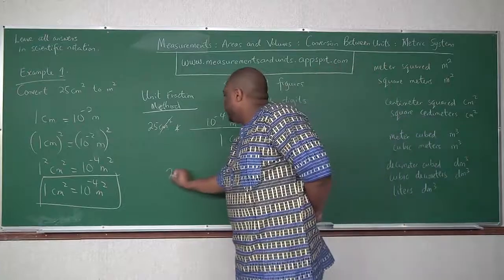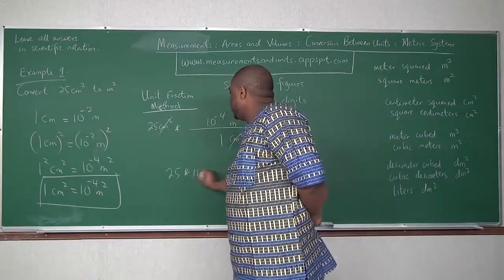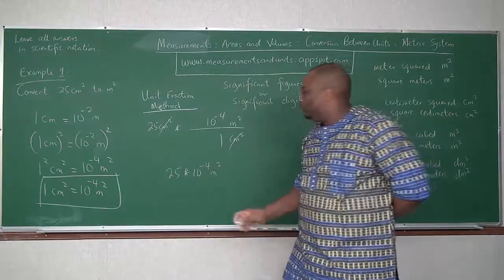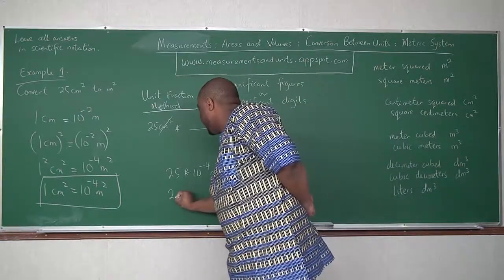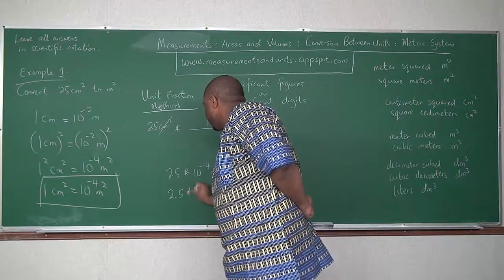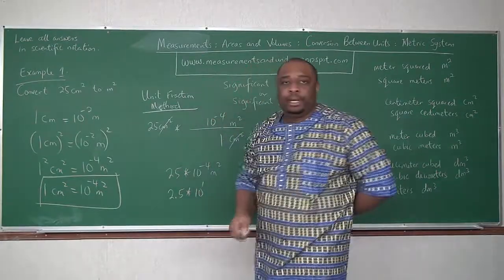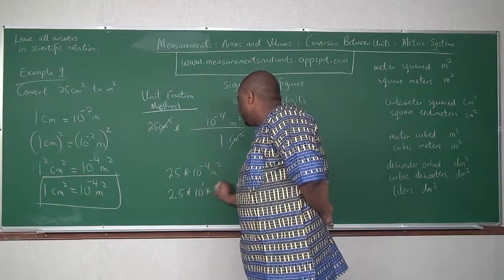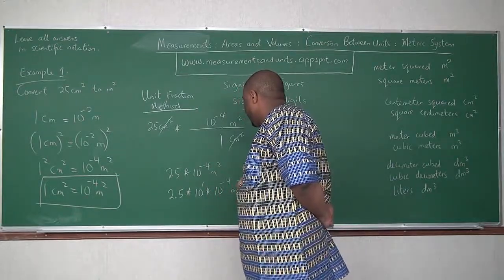So this will be 25 times 10 to the negative 4 meters squared, and that will give us 2.5 times 10 to the 1 times 10 to negative 4 meters squared.